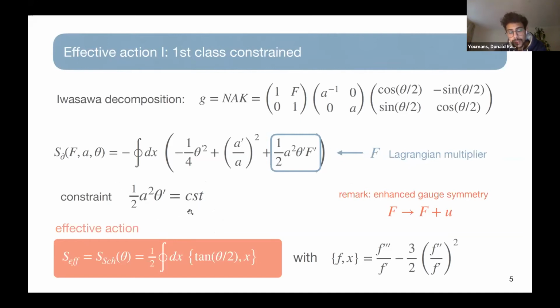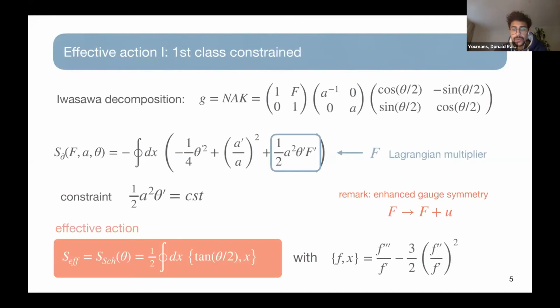But if we enforce it from the start, we see that this term is a total derivative and hence drops out. So if we enforce this constraint, we would have to deal with an enhanced gauge symmetry. We will see a nice geometric interpretation of this later on, where we can just shift F. This is just because F doesn't appear in the action any more. And thus we would just have to fix the gauge.